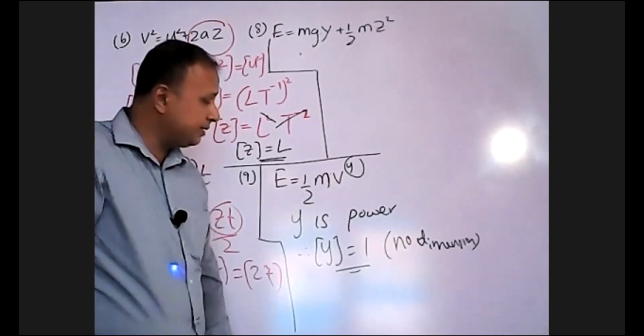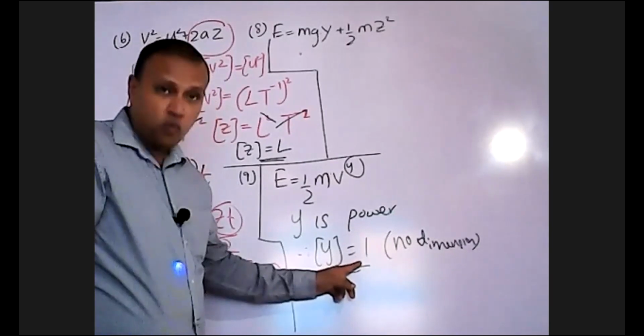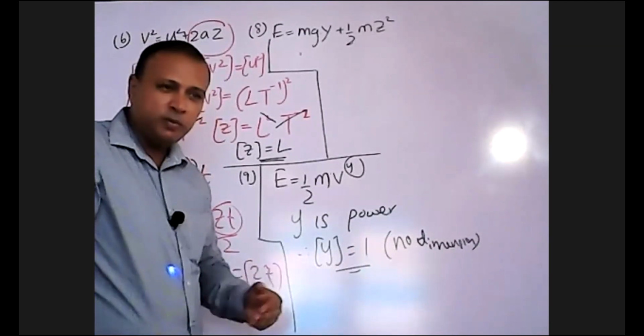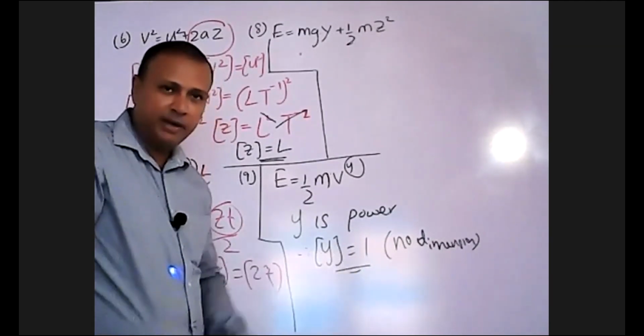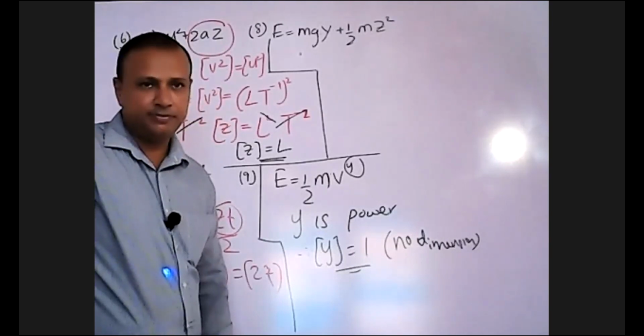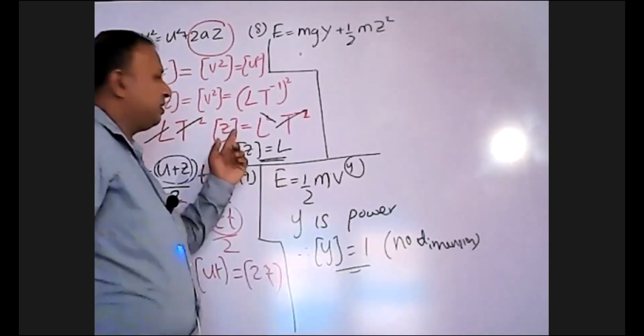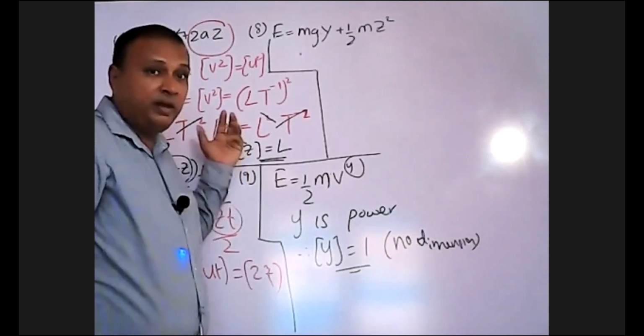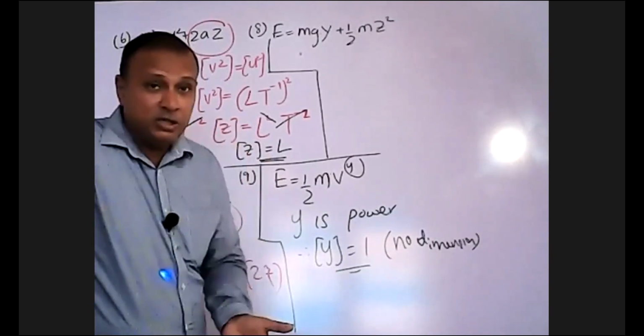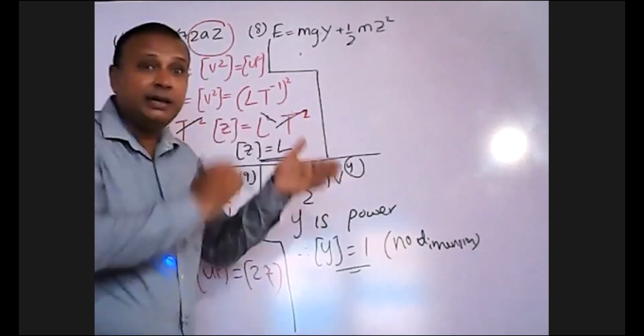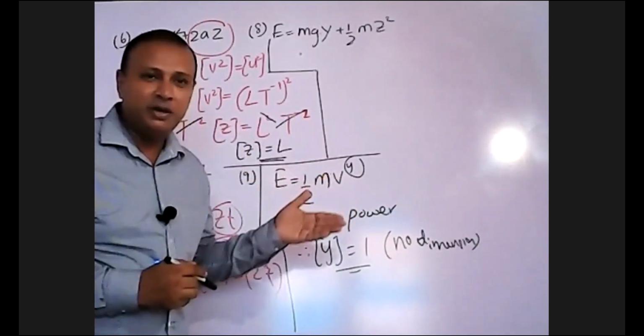Because this 1 is used for calculation. Normally we are using 1 for calculation purposes. If any physical quantity does not have a dimension, we cannot write it there, so we write this word: no dimension.